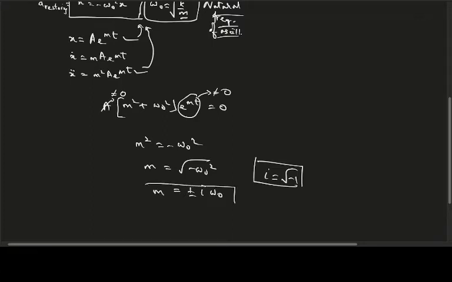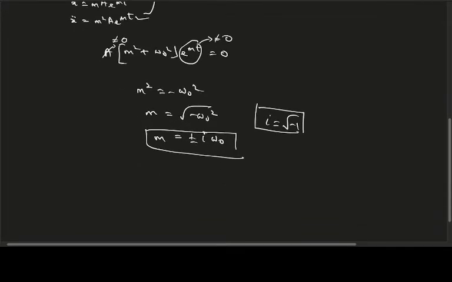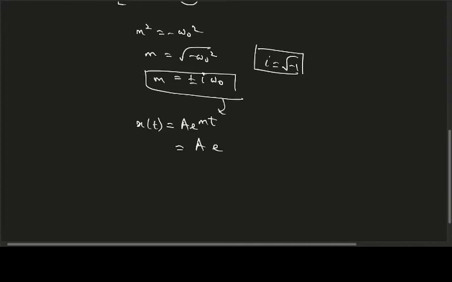So when m is plus minus i omega naught, our x, which we had taken as the trial solution, is a e to the power mt. So this becomes, when you substitute the m over here, b e to the power i omega naught t. I'm taking a different constant over here, let's say b, because I already used up the m.